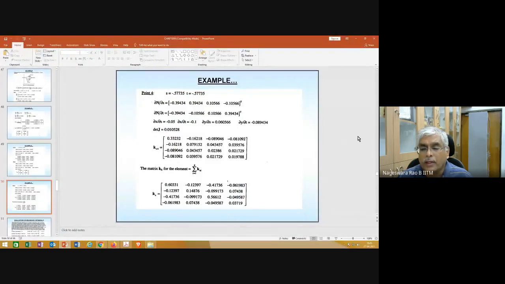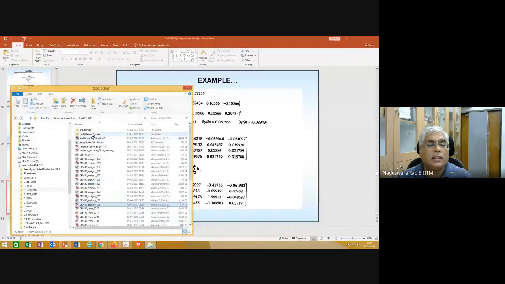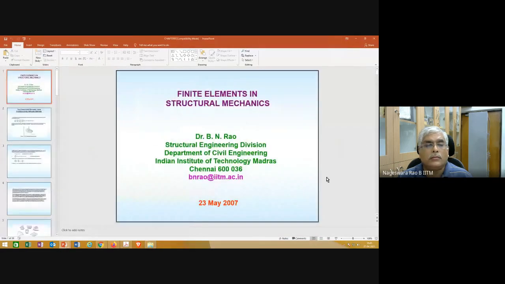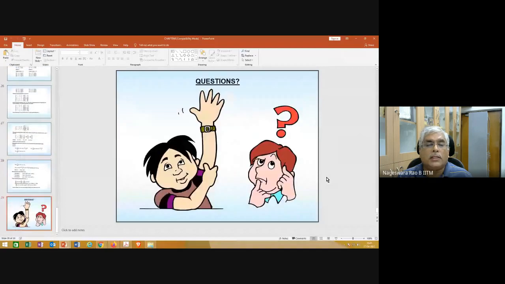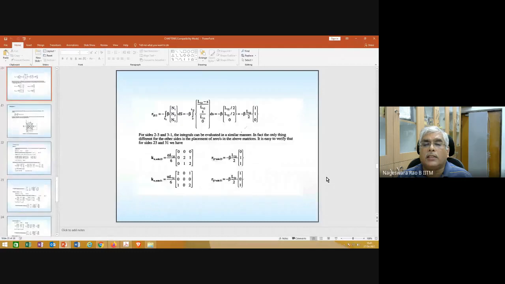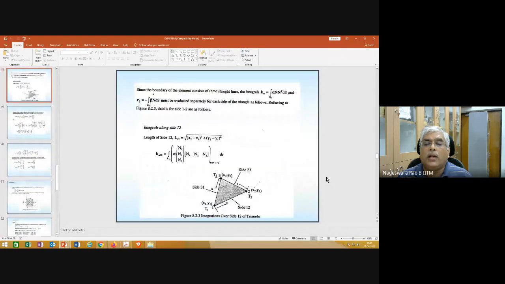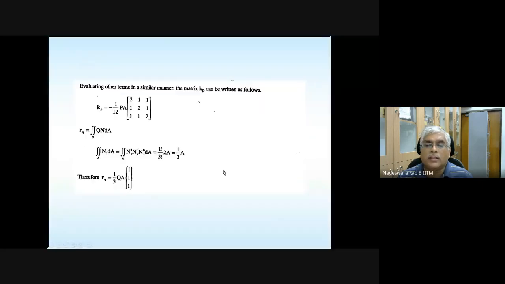Okay. So now, if you go back and see for triangular elements, how to evaluate the line integrals? How to evaluate these line integrals, that also I explained to you.